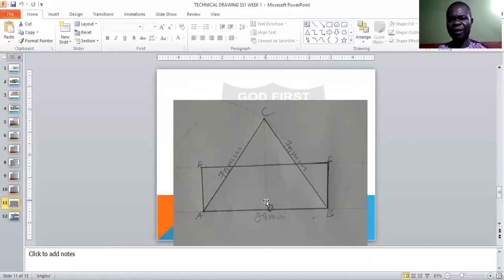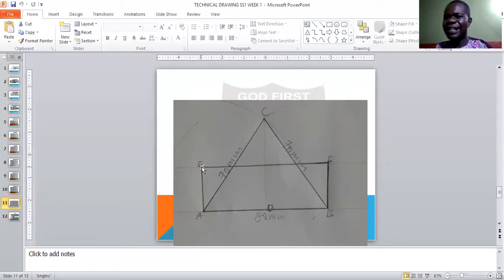You can use any of the values of the sides of the triangle; you will still get the same thing. In this example, line CD is 5.6 centimeters, line AC is 7 centimeters, line BC is 7 centimeters, line AB is 8 centimeters. Then the length of the rectangle is AB, 8 centimeters. This breadth BF is equal to AE.